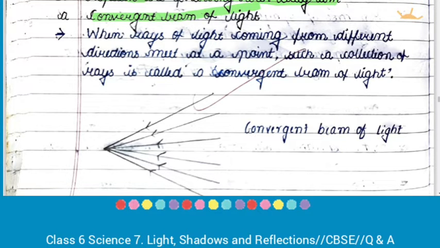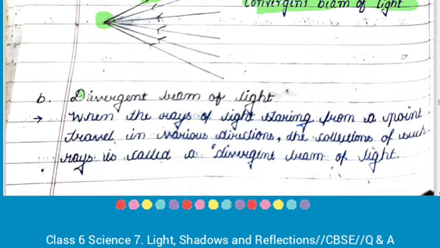So this is the figure of convergent beam of light, where light rays are coming from different directions and they are meeting at a single point. So this is a single point where all the rays are meeting here.